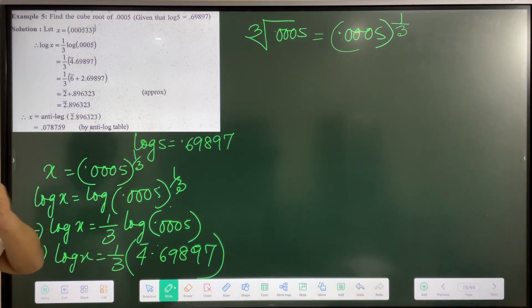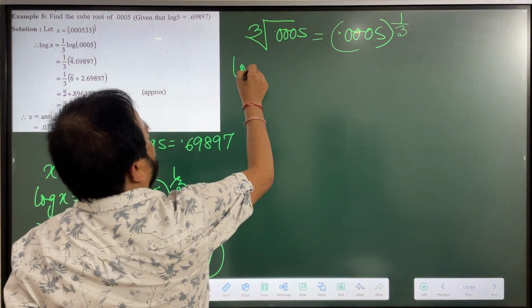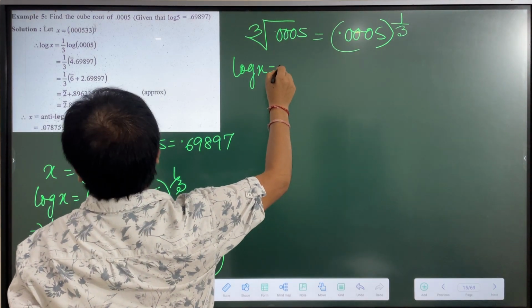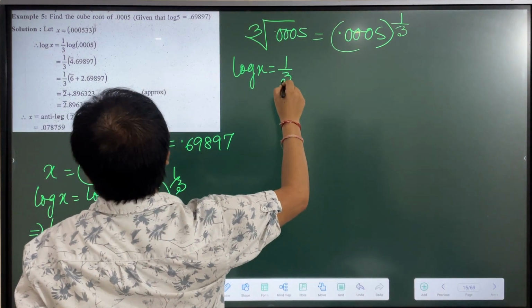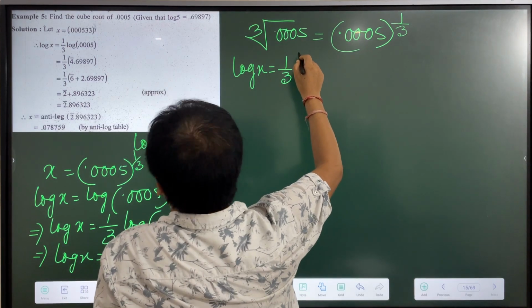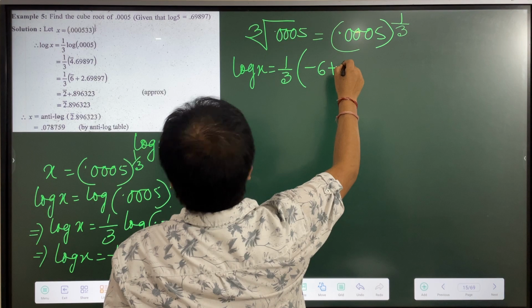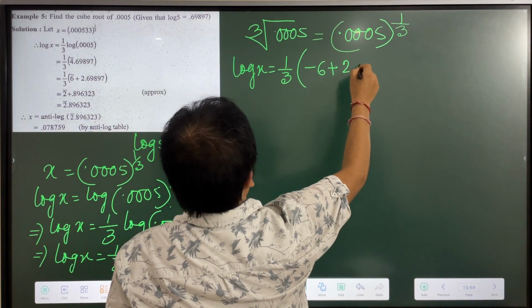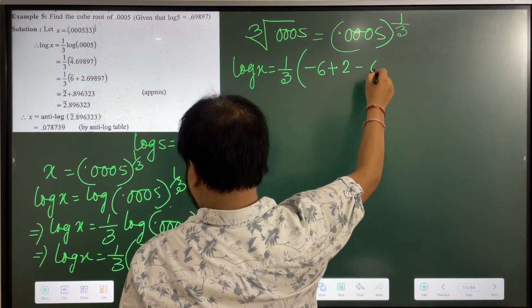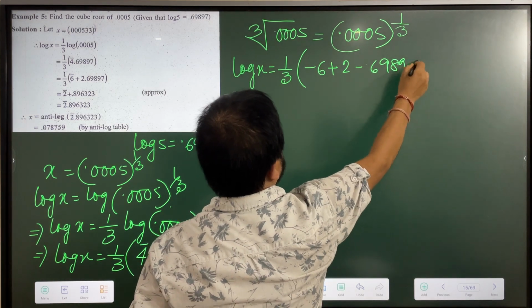After the calculation is done, log x is equal to 1 by 3 into minus 6 plus 2 minus 0.69897.